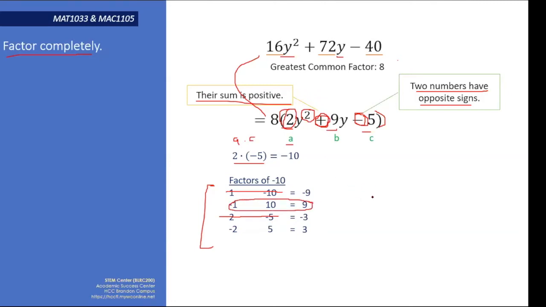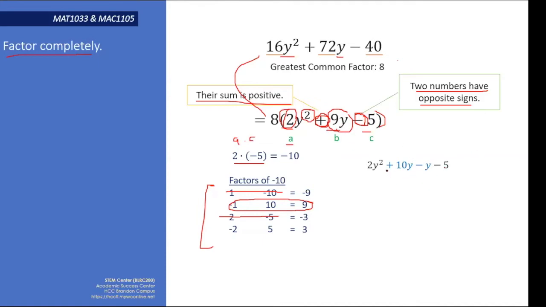So what do we do with that information? Now, since those two numbers add up to result in the same thing, since -1 and 10 add up to 9, we replace this little 9y here with 10y plus -y, because that results in the same quantity.